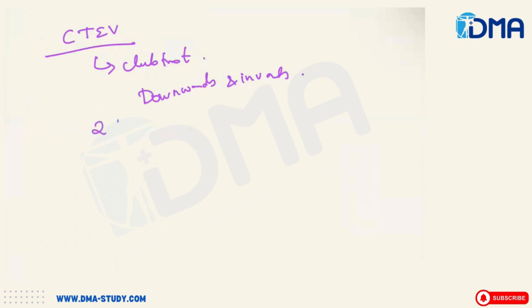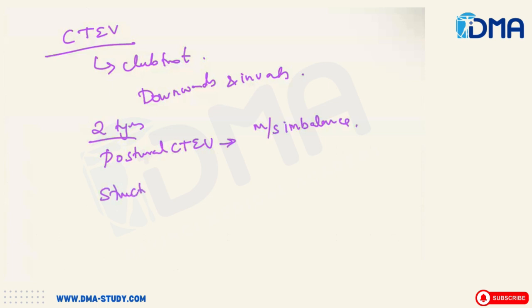Two types of CTEV are there. One is the postural CTEV, where you have a muscle imbalance, whereas a structural CTEV involves the bones and the joints.